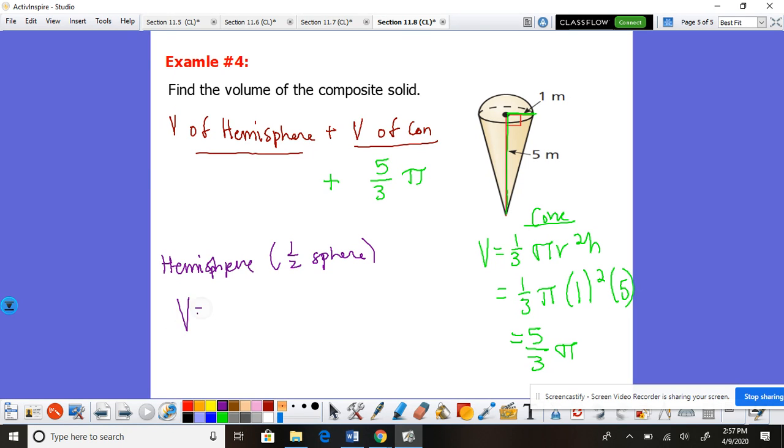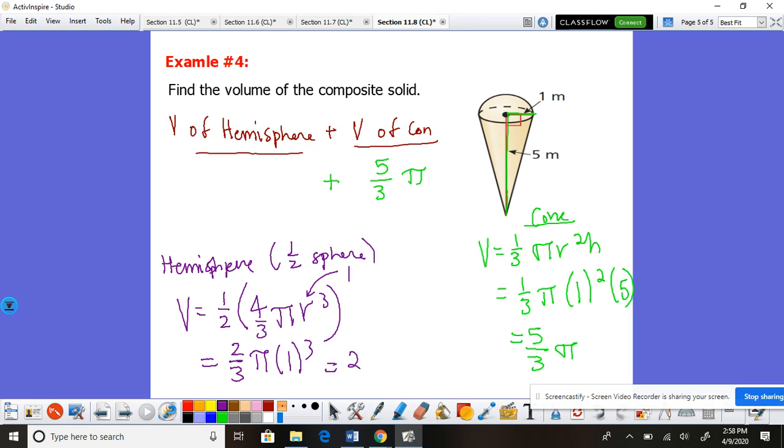So the volume is going to equal 1/2 times the volume of a sphere, which is 4/3 pi r cubed. 1/2 times 4/3 is 2/3 times pi, and then I'm going to plug 1 in for my radius. 1 cubed is just 1.